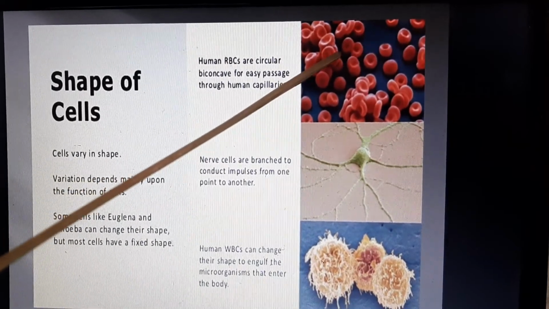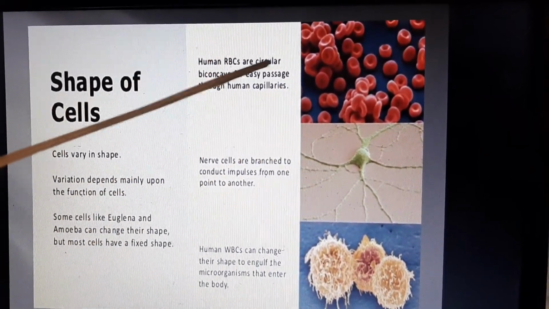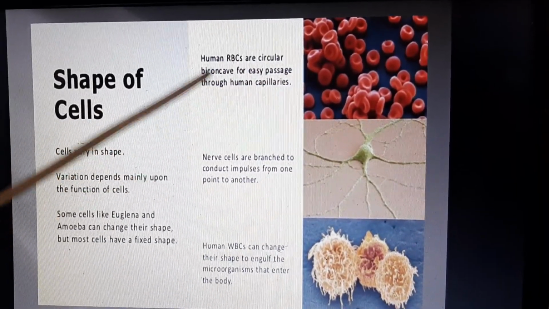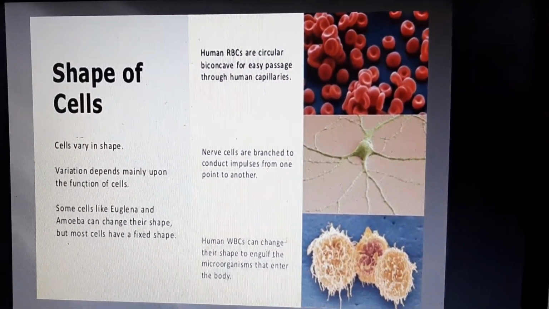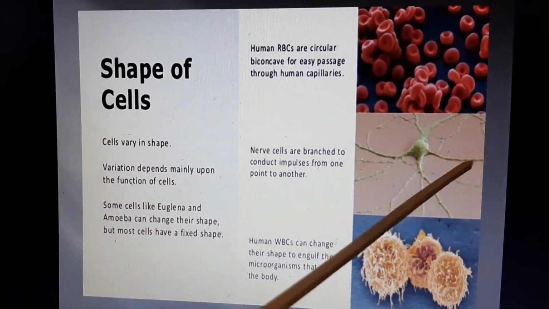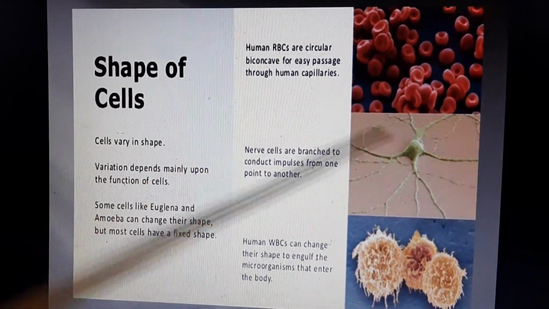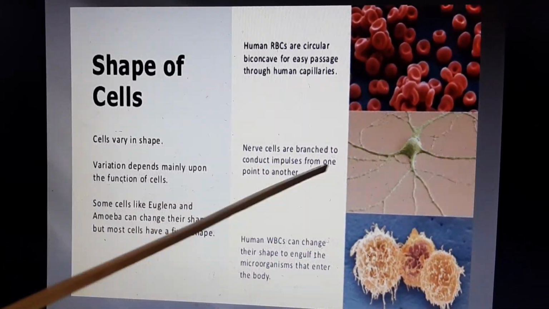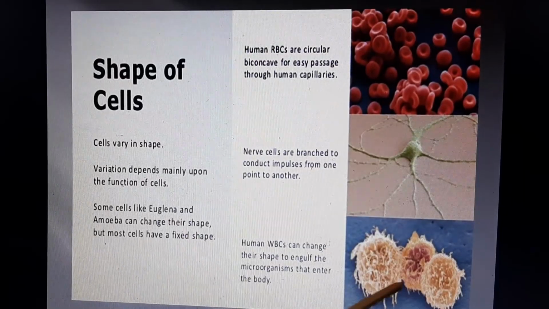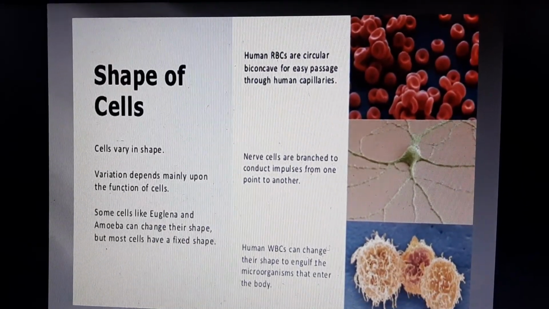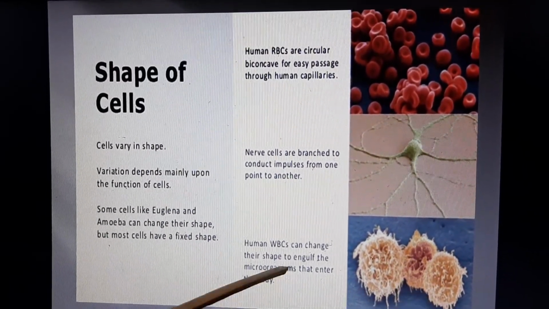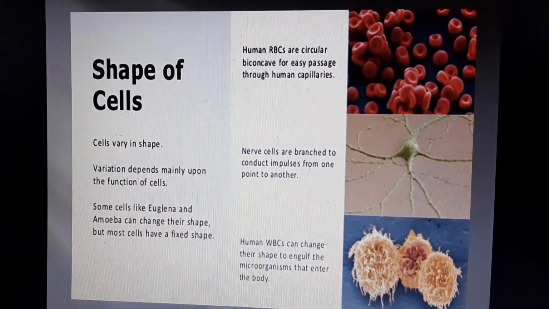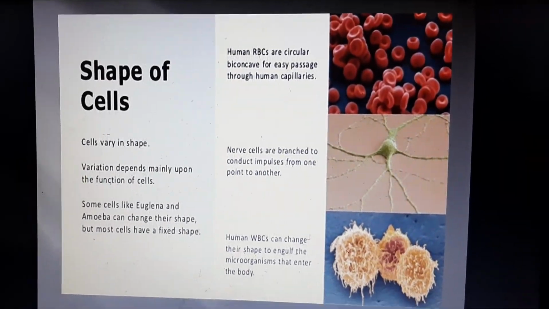Once you observe the RBC, it is circular biconcave for easy passage through human capillaries. After this you can observe nerve cells, and they are all branched. They conduct impulses from one point to another. Third is human WBC. It can change its shape to engulf the microorganisms that enter the body. So students, this is all about the shape of cells.